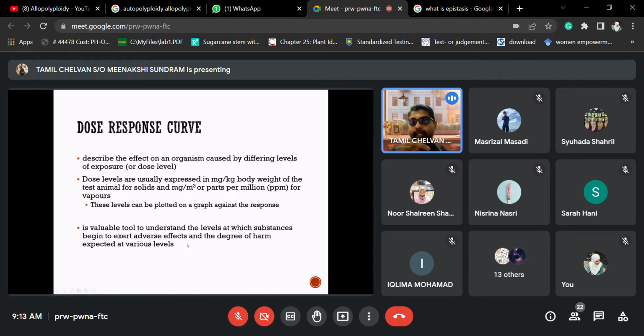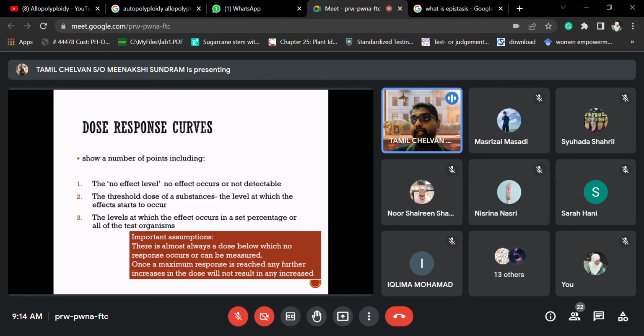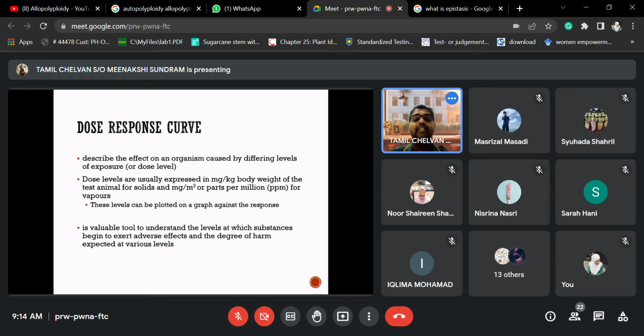Dia tengok curve tu dekat mana boleh give adverse effect, bad effect, and the degree of harm expected at various levels. That is very important. Orang yang buat dosage study, toxicity studies, they are well familiar with this toxicity curve.